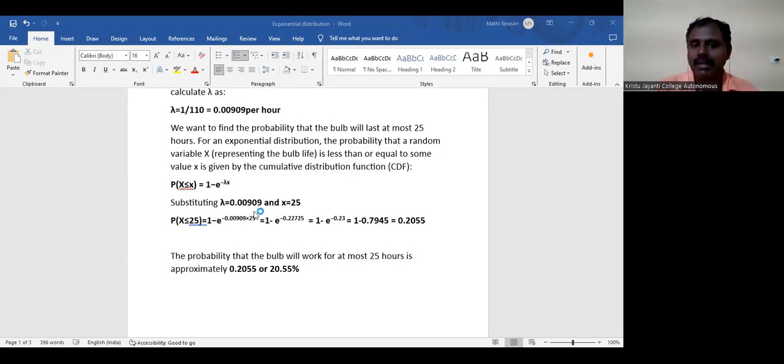Here substitute the lambda value and the x value, 25 hours. So we get 1 minus e to the power minus 0.22725. This we can simplify into e to the power minus 0.23.